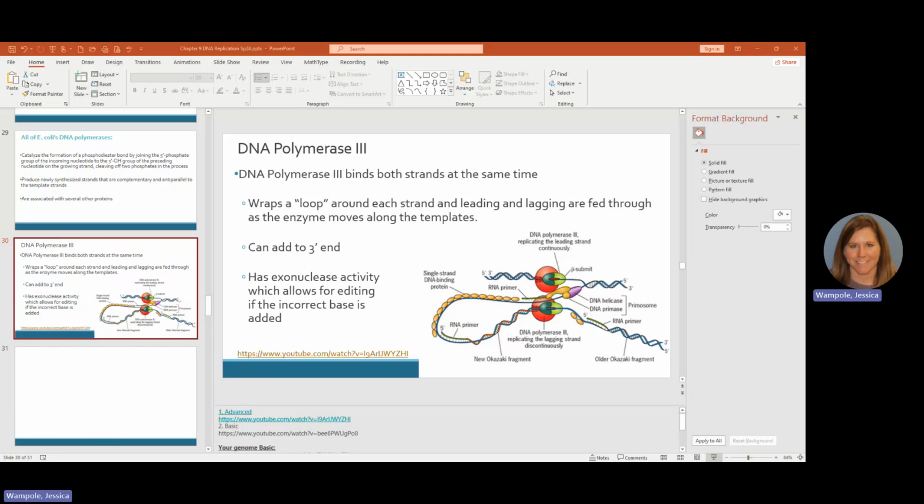Whereas this one on the bottom is going to let go and move down to the next one, and then build another fragment. So this is going to build a fragment here, and then it hops backwards. And as we open up even more, it's going to hop backwards again. On the next slide, I'll zoom out and show you all the little fragments and the last couple of steps.